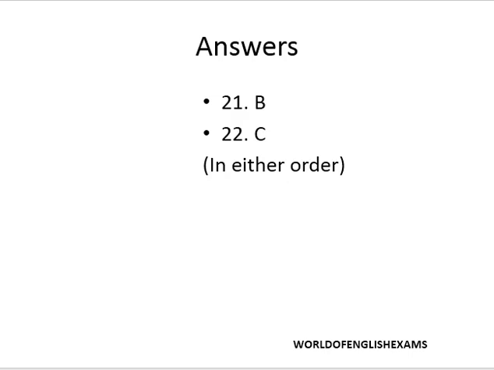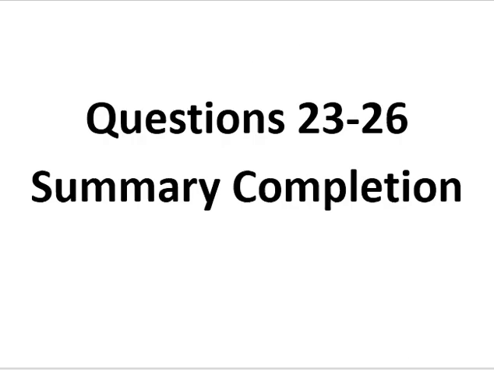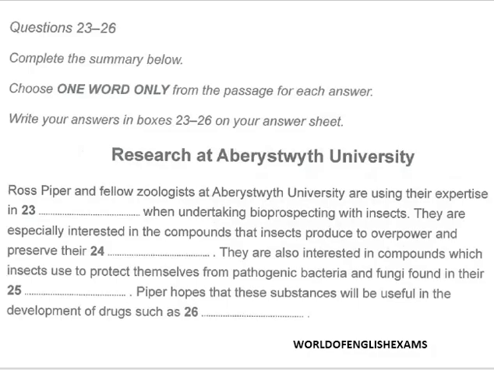So now, without delaying further, let's approach the last type of questions in the reading passage 2, which fall under the category of summary completion. So summary completion is included under the category of fill in the blanks, and this is how you can identify them. So questions from 23 to 26 are falling under this category of summary completion. Complete the summary below, and here what is important is to note the word count.